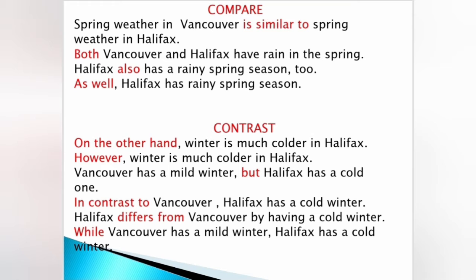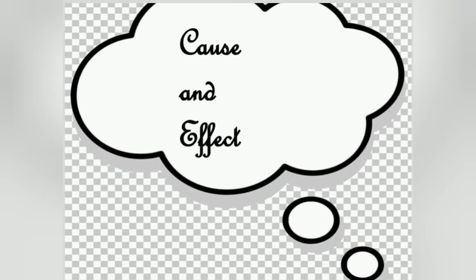So, similar to, both, also, as well as, these are comparing elements. And then in the next one, for contrast: on the other hand, however, but, in contrast to, differs from, while. So these words are all for contrasting expressions.